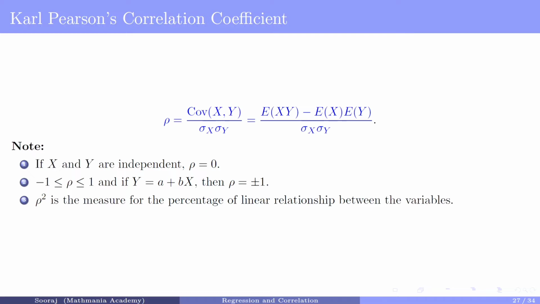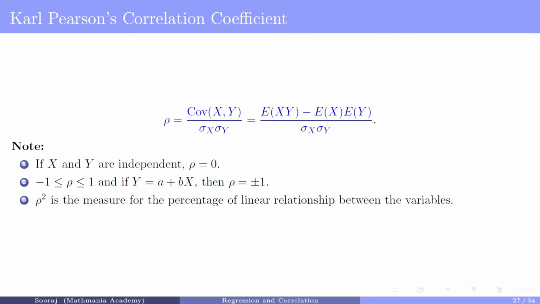Here are some notes again. If x and y are independent, what would happen? The covariance is 0, isn't it? If the covariance is 0, of course the numerator becomes 0, therefore rho is 0.